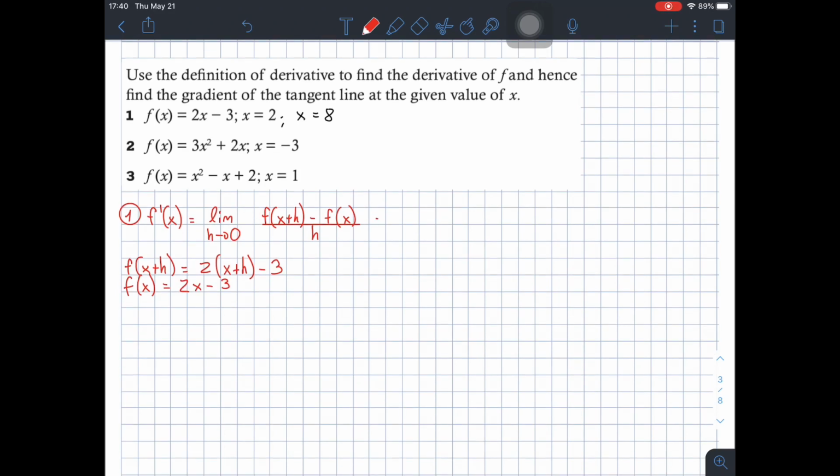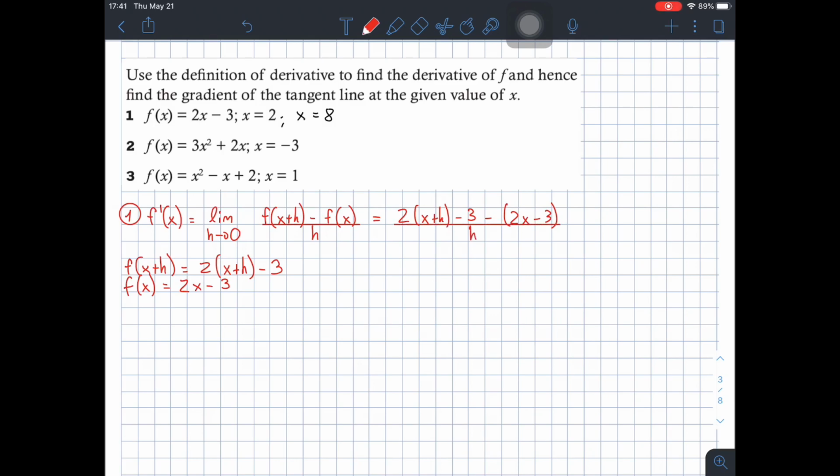If we replace those values here, this is equal to 2 times x plus h minus 3 minus parentheses 2x minus 3, divided by h.